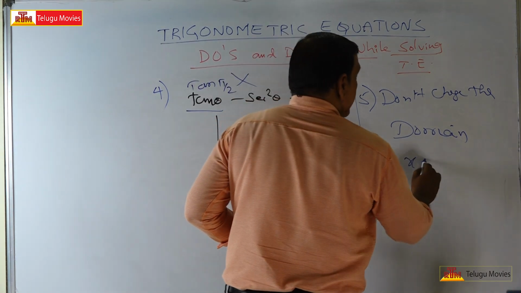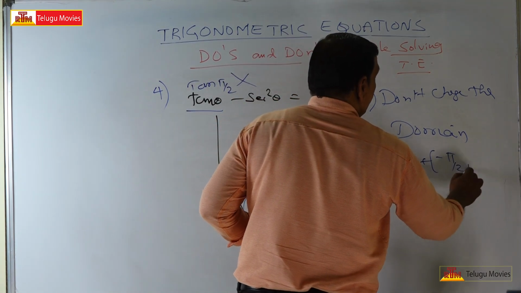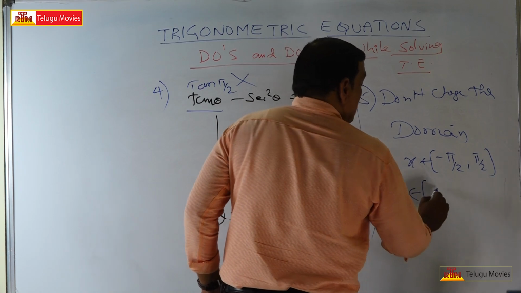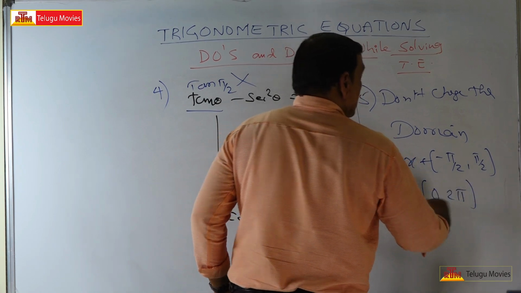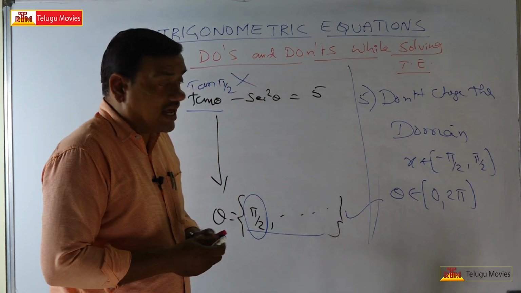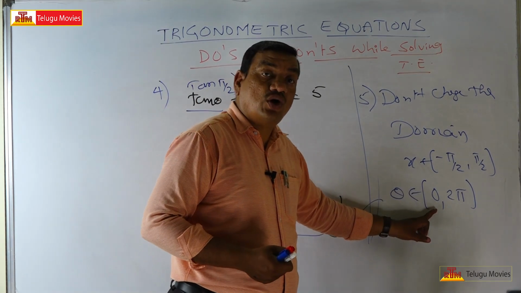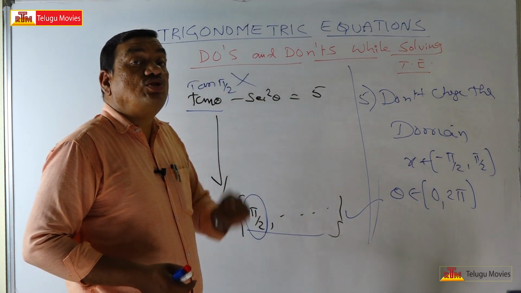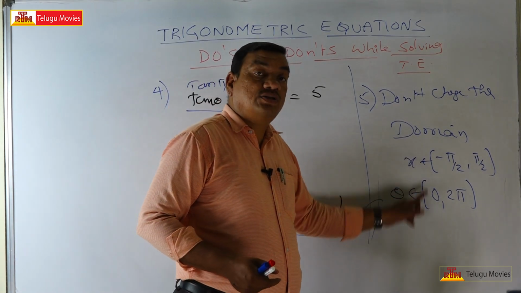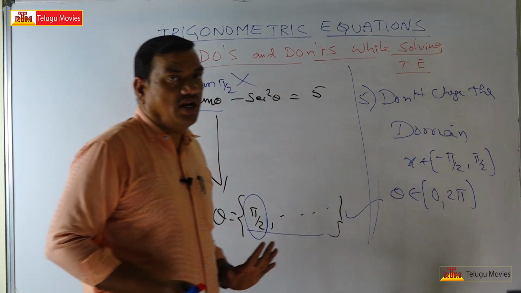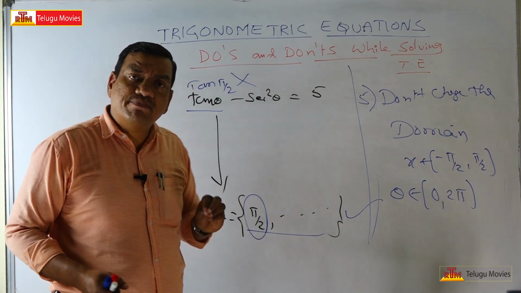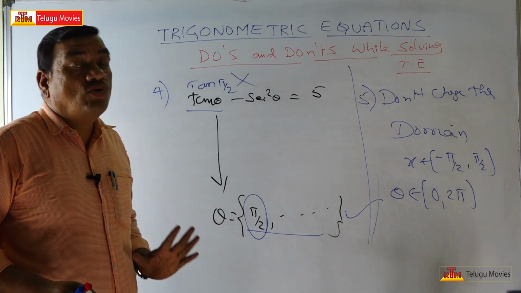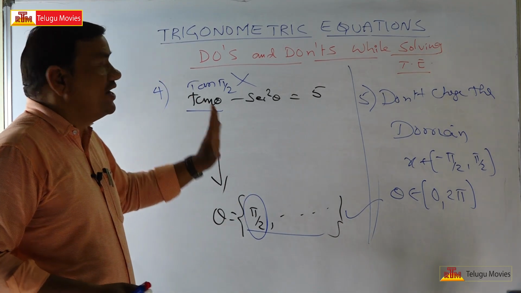For example, x belongs to minus pi by 2 to plus pi by 2, otherwise theta belongs to 0 to 2 pi. Like that, they will define the domain, but don't change these domains. You have to find the solutions which belong to these domains. Okay? So these are the main basic precautions you have to keep in mind while solving trigonometric equations.